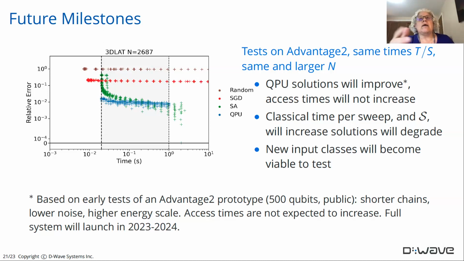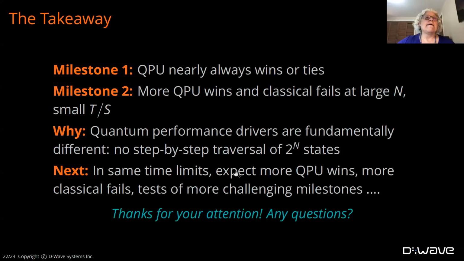And also, we expect that we'll find input classes that we didn't include in the test because they're too easy. We think we will be able to see big enough ones that they'll become viable to test in the next generation. So that's pretty much it. In milestone 1, if you're looking at access times versus classical solve times, QPU is doing great.